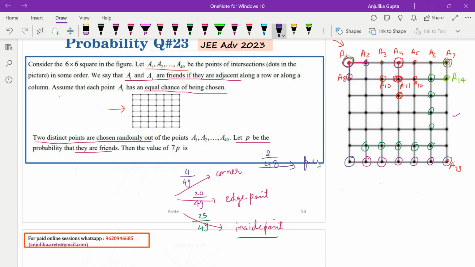Now similarly, if you have chosen an edge point, then what is the probability that the second one will be a friend? The edge point has three friends. So of course 3, and total points available to you are 48. Similarly for the last one, what do you think? The total number of friends an inside point has is 4, divided by the total number of available points, 48.